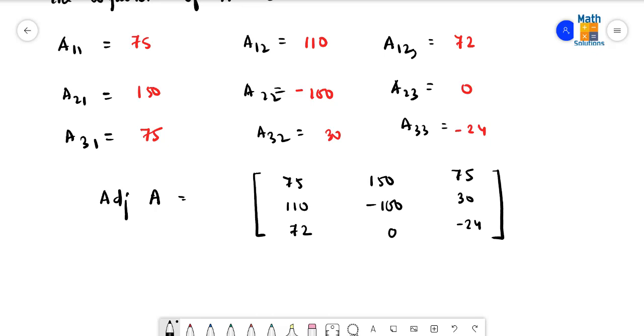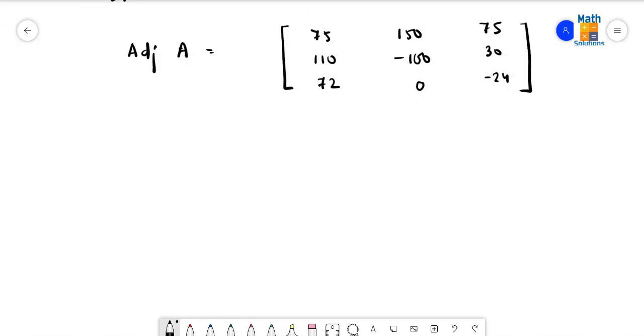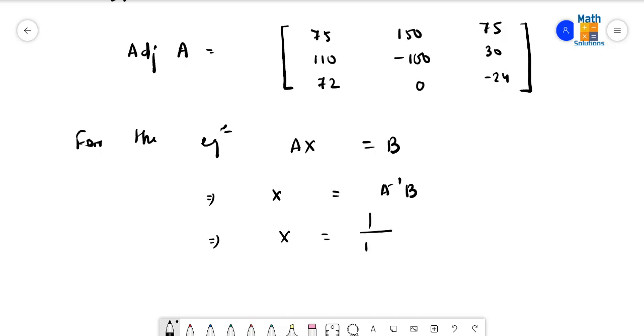After this, for the equation AX is equal to B, actually I can write here X equals A inverse B. What did I get? X is equal to 1 by determinant of A into adjoint of A, then product of B. Then X is equal to 1 by 1200.